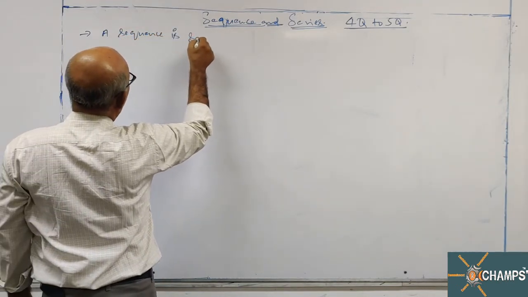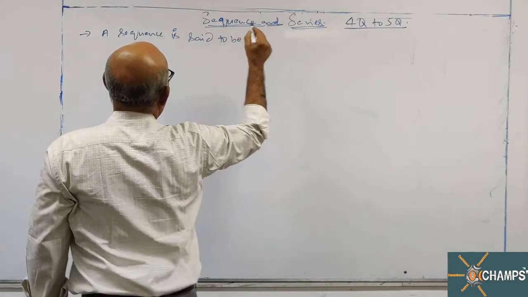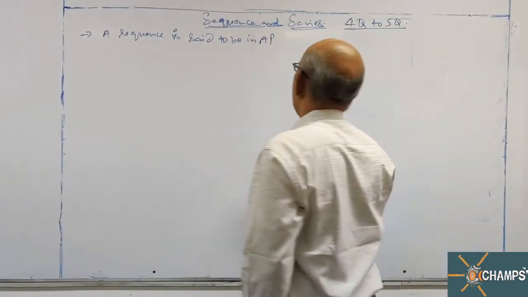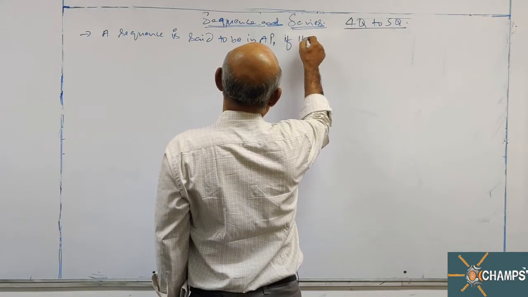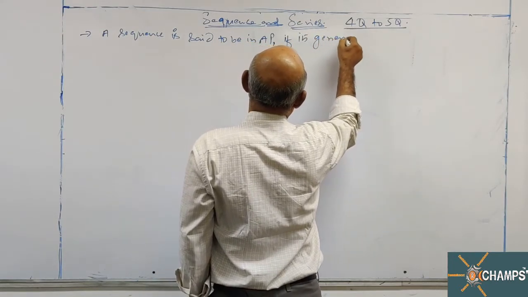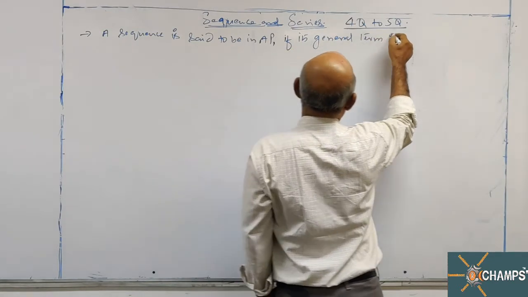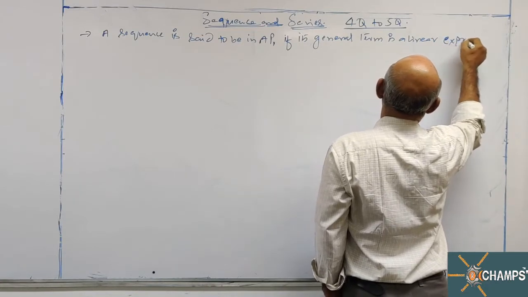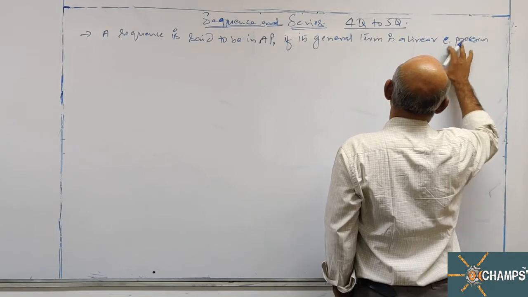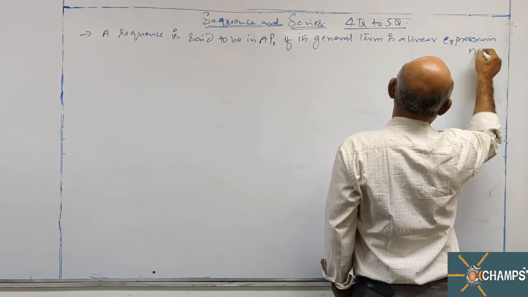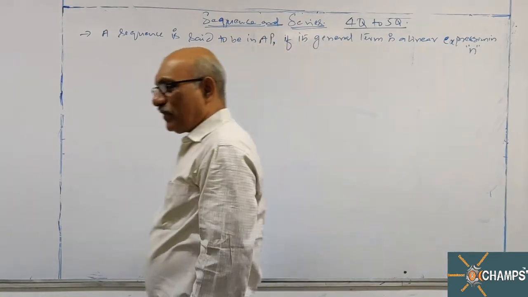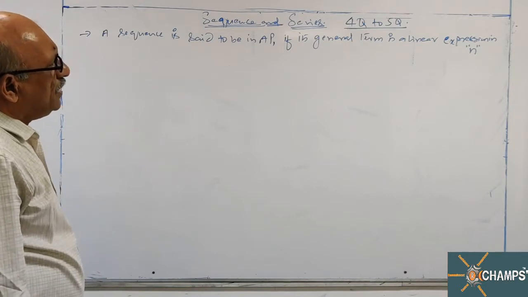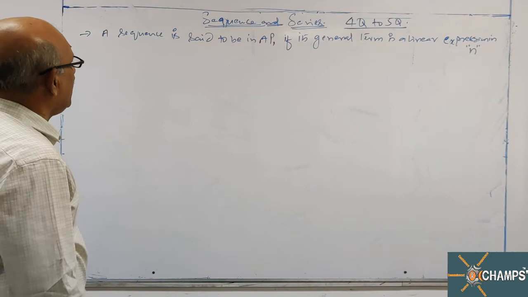Next, a sequence is said to be in arithmetic progression if its general term is a linear expression in n.